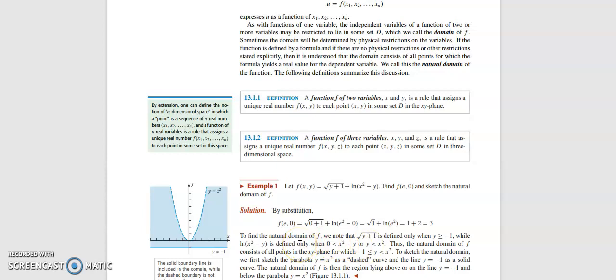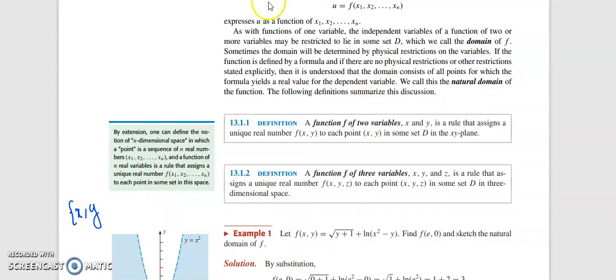So the domain will be the set of all x, y such that y plus 1 is greater than or equal to 0 and y must be less than x square.